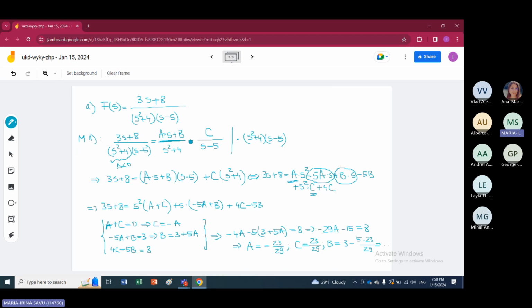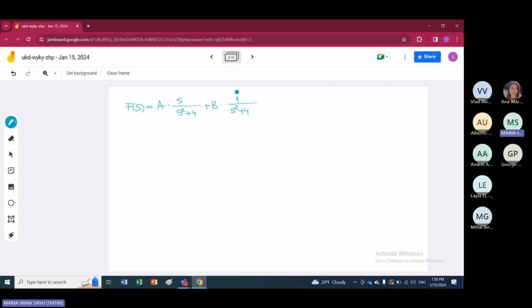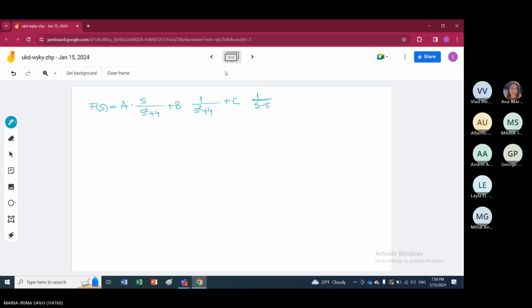Okay, and I'm going to write this fraction as c times 1 over s minus 5. So this is a times, this is a plus of what function?